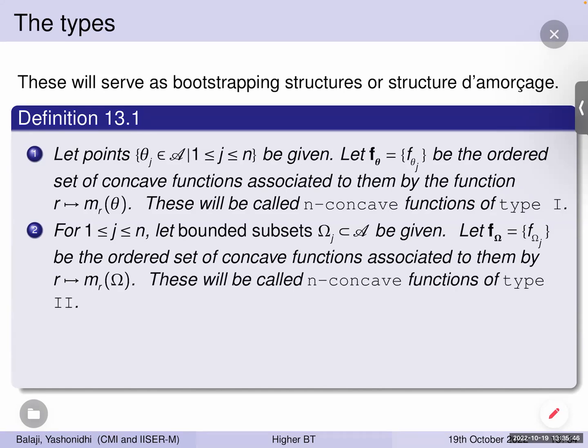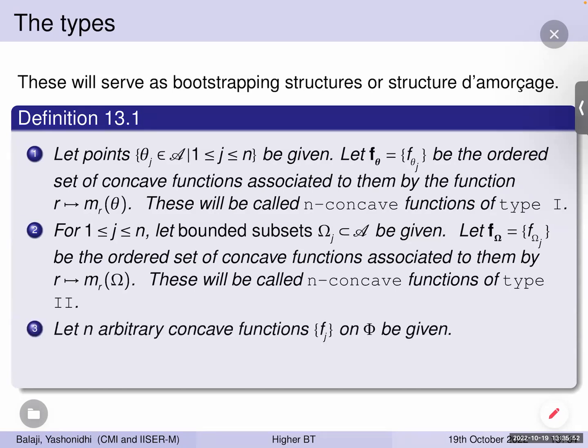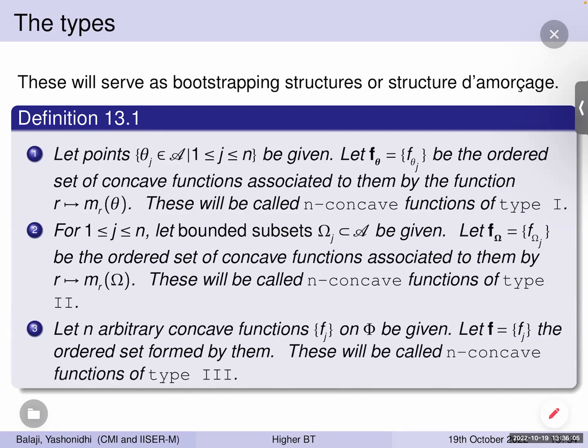These will be called n concave functions of type 2. Let n arbitrary concave functions f_j on phi be given. Let boldface F denote the ordered set formed by them. These will be called n concave functions of type 3. So we'll do a bootstrapping on them.